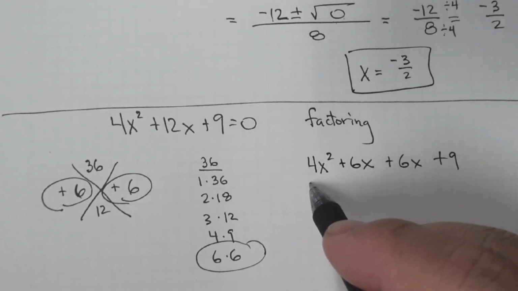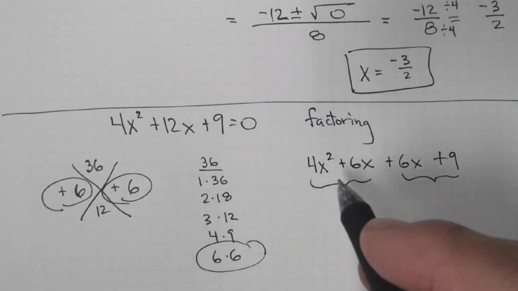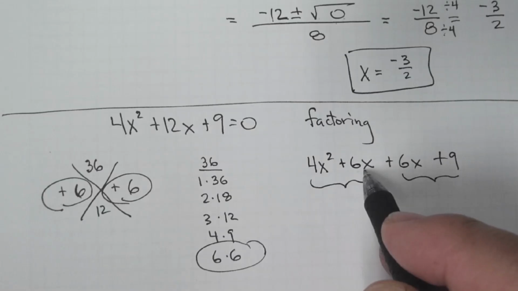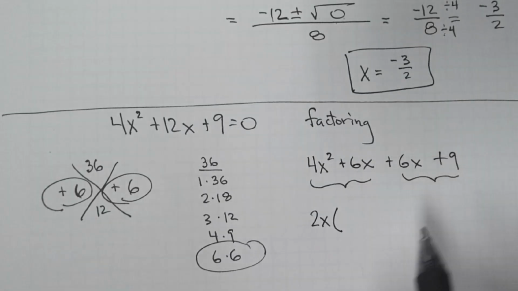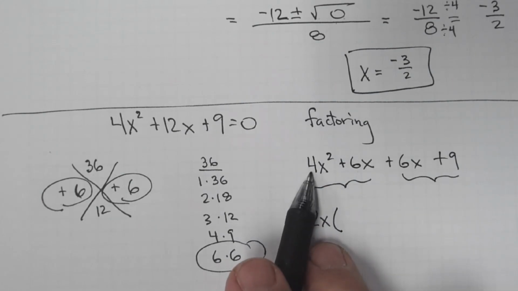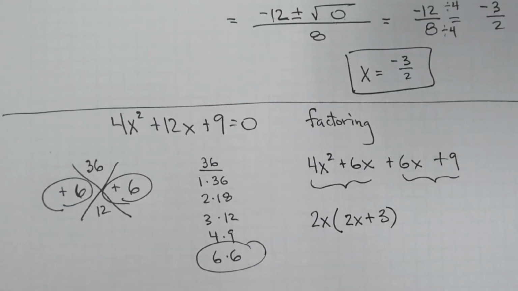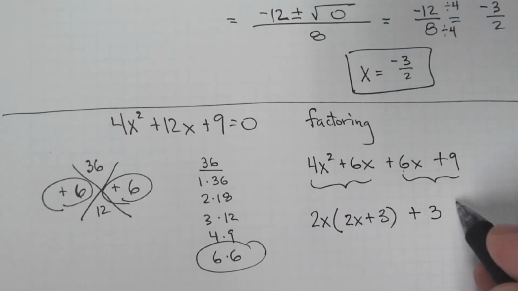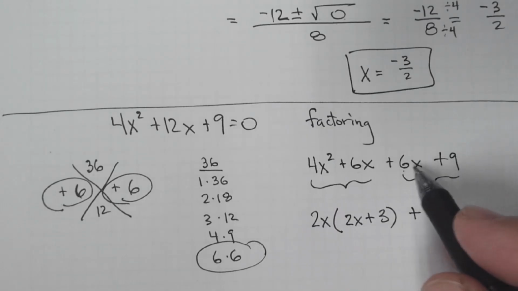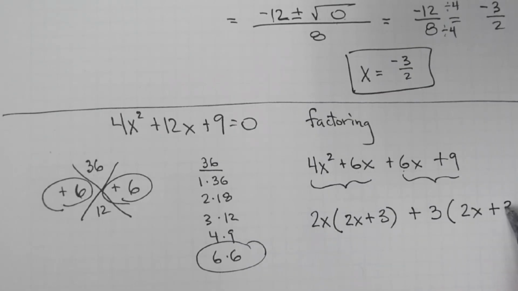Here I can look at this sector and then this sector and group them together. From the 4x squared plus 6x, I can see I can take out a 2x. If I divide this by 2x, I have 2x plus, divide this by 2x, I get 3. Now right here between the 6 and the 9, I see I can take out a 3. And if I take out a 3, 6 divided by 3 is 2x. 9 divided by 3 is 3.